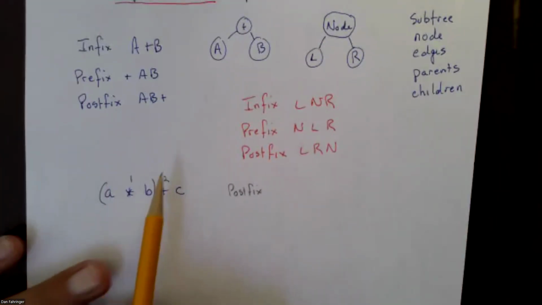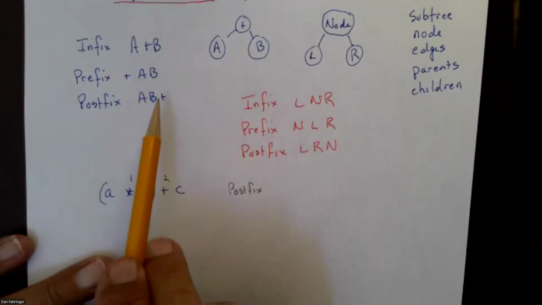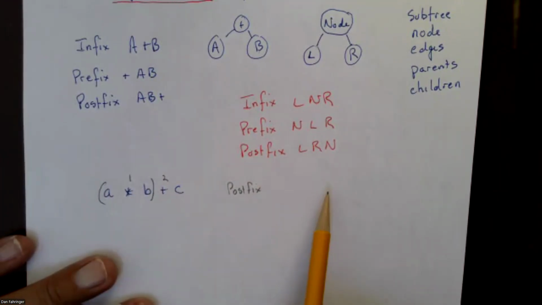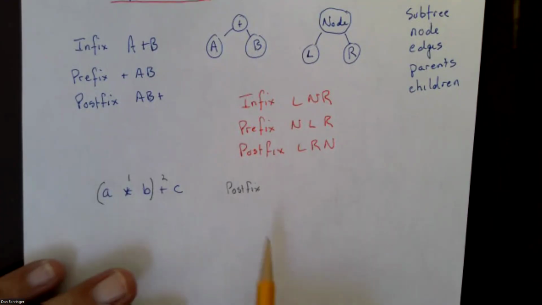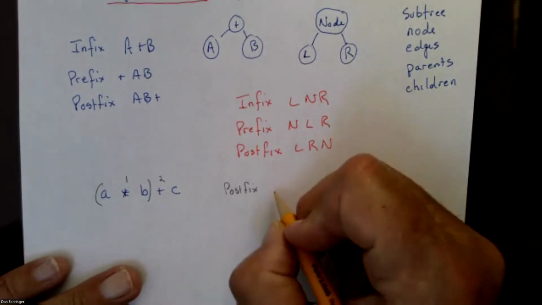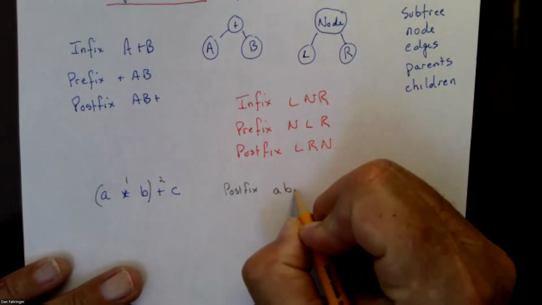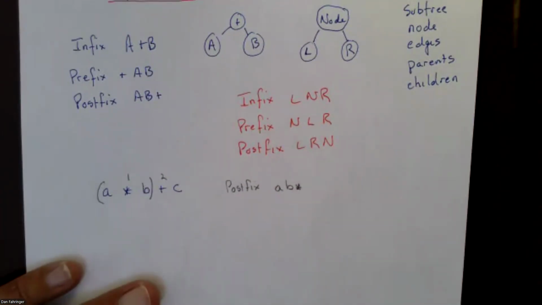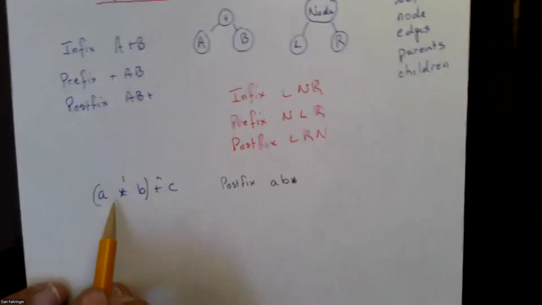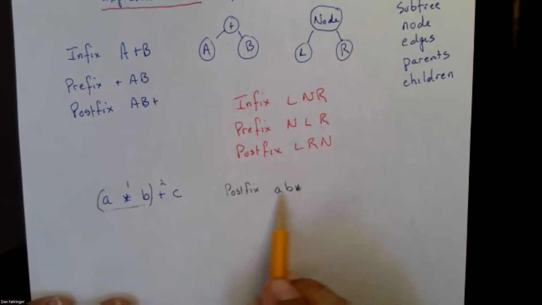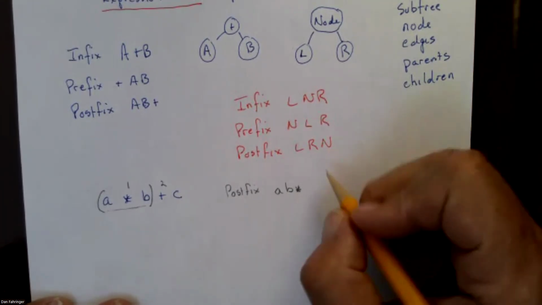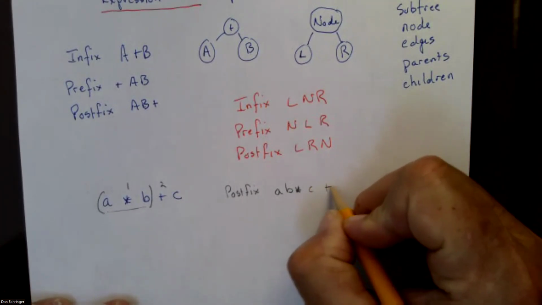So if I look at this and I say, all right, I want to make this postfix. The order A, B, C stays the same. The only thing that moves are the operators. So if I want postfix, I'm going to go A B times, because that's what's done first. And then this whole thing got added to C. So this whole thing, C plus.